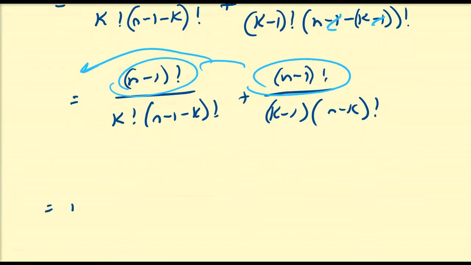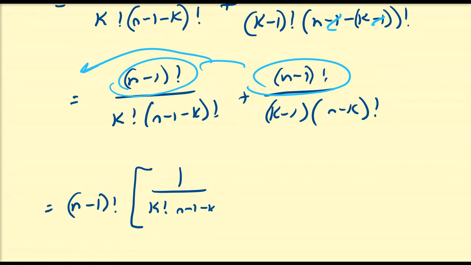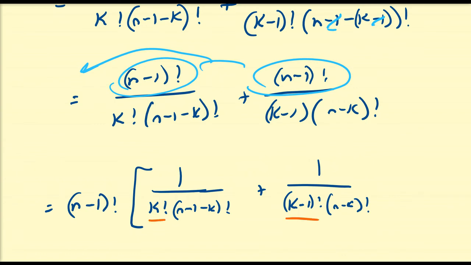So this is going to give us n minus 1 factorial multiplied by, so we have 1 over k factorial times n minus 1 minus k factorial, gives us less to look at. Then 1 over k minus 1 factorial times n minus k factorial. So notice k factorial and k minus 1 factorial are related. If I multiply top and bottom of this fraction by k, then this becomes k factorial as well.